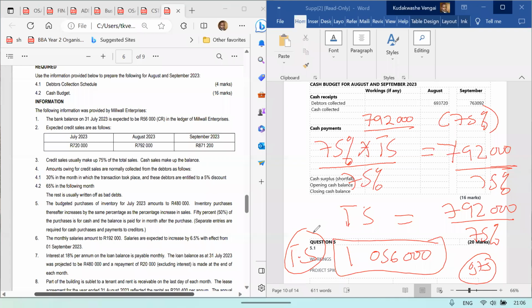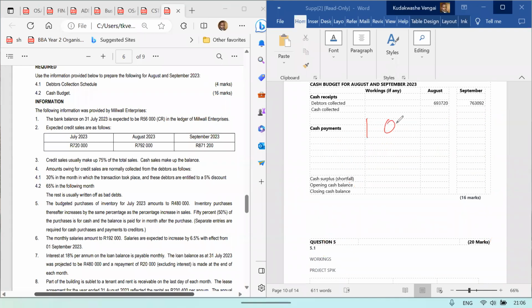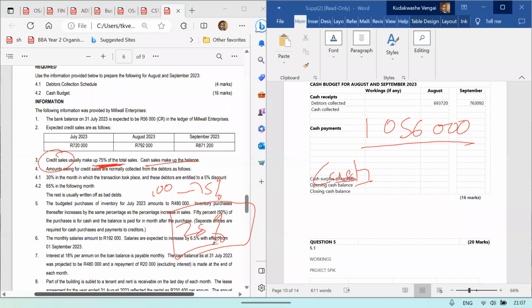So if we're in agreement that our total sales are 1,056,000, the question is, how much are cash sales at this company? We are told 75% of total sales are on credit, but the balance is cash sales. So 100% minus 75% gives us 25%. Are we agreeing that our cash sales should be 25%?